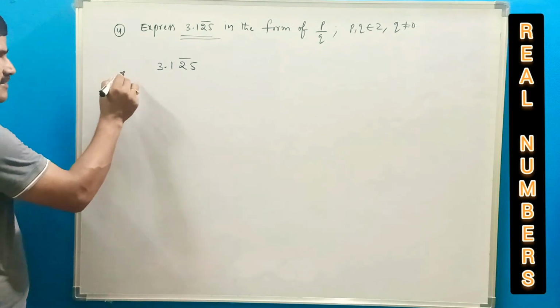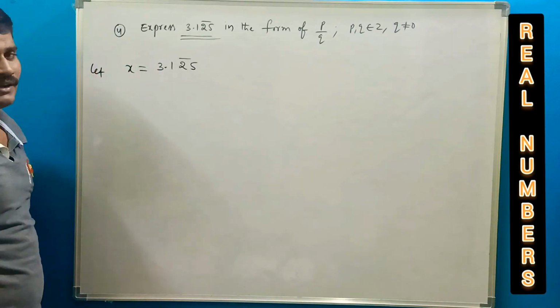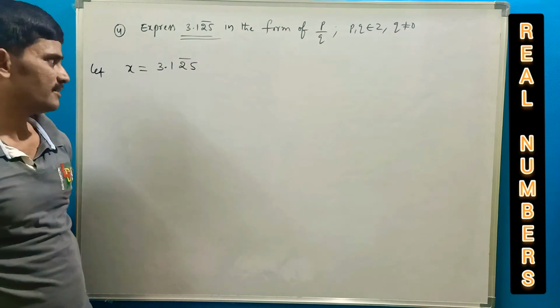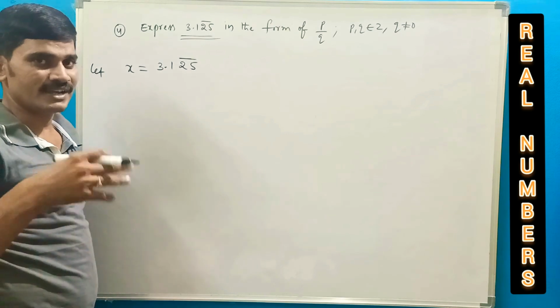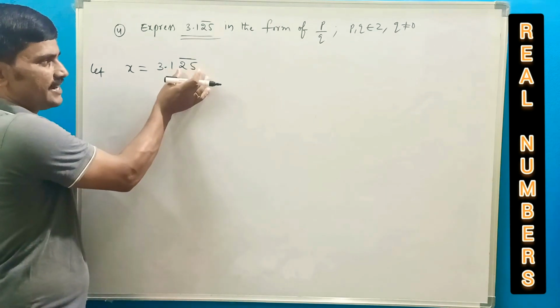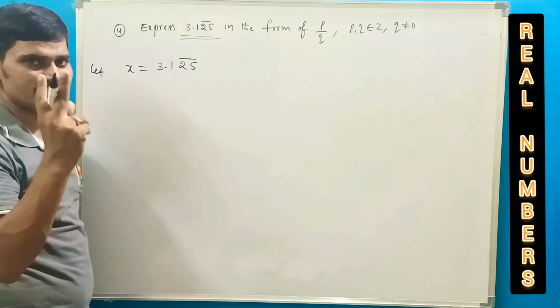Let it be some x. So let the given rational number be x. This is a non-terminating recurring decimal. Which period is recurring? The digits 2 and 5 are recurring and the periodicity is 2.